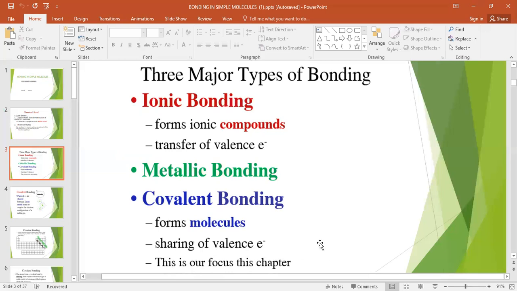Sharing of electrons, when one atom shares electrons with another, not completely transferring. You can see here hydrogen: how many electrons in the outer shell of hydrogen? One, because its atomic number is only 1. When it shares an electron with another hydrogen, in the second hydrogen's outer shell another electron is there. I just want to show the dot and cross, so these two are electrons.